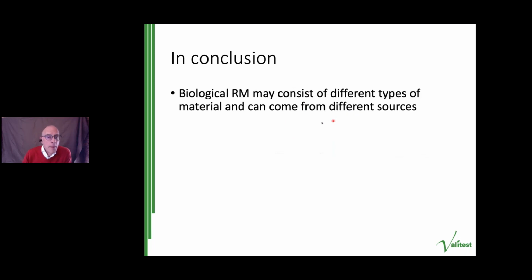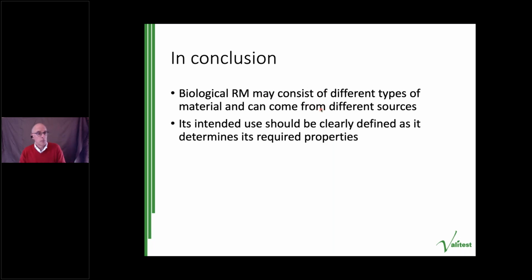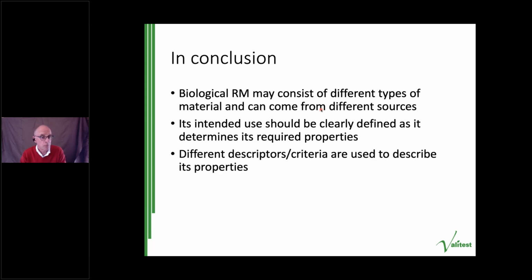So, in conclusion, we've seen that biological reference material may consist of very different types of material and can come from very different sources. You clearly need to predefine its intended use, because that will determine what properties are required for that particular reference material.